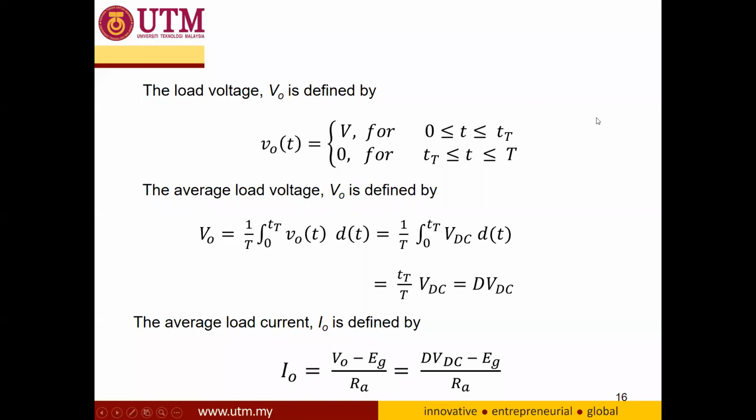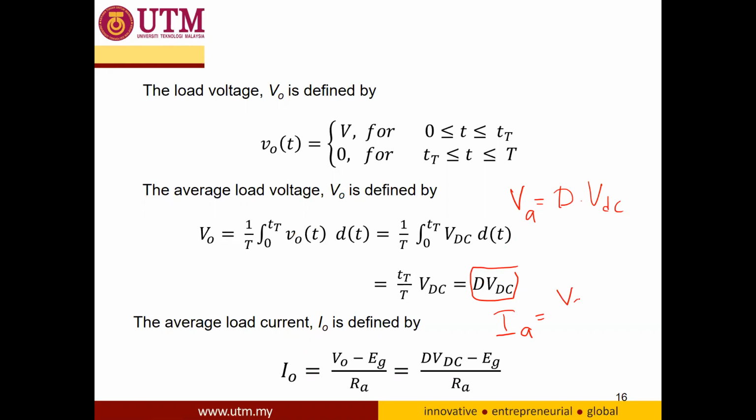So what is the value of VA? As you can see, it is equal to D VDC, so it's actually a buck converter. V armature is D multiplied by VDC. And what about the value of IA? IA is based on the KVL equation of the DC motor.